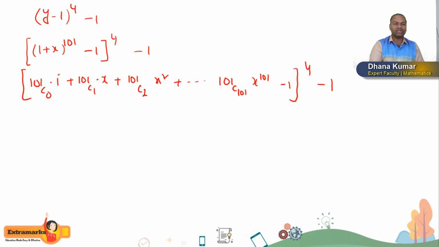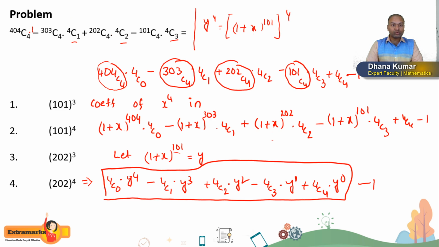Right? 101C0 value is what? 1 plus 1 minus 1 cancel. But actually calculate what you see here.